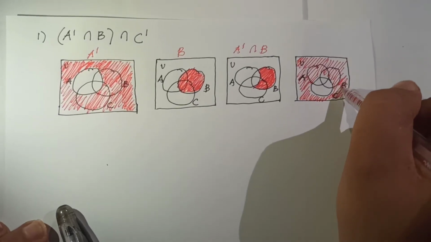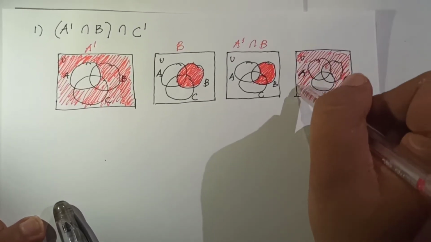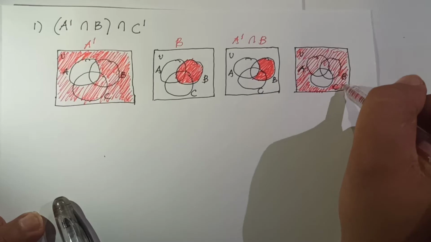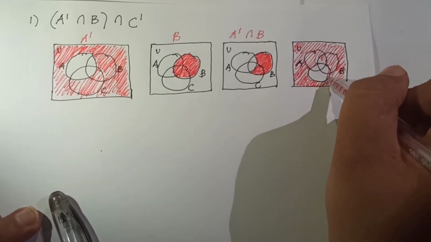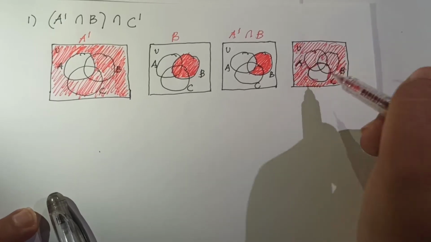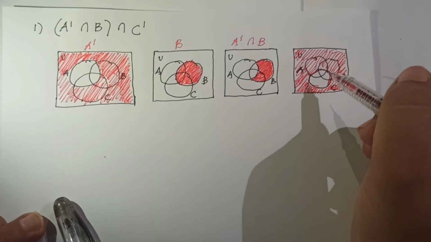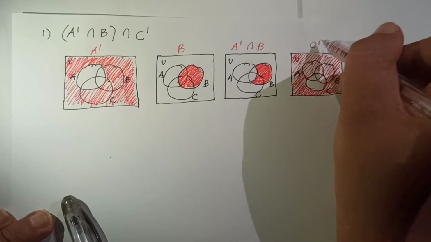Take note, the portion of C is not included in the shading. So this is our C prime.